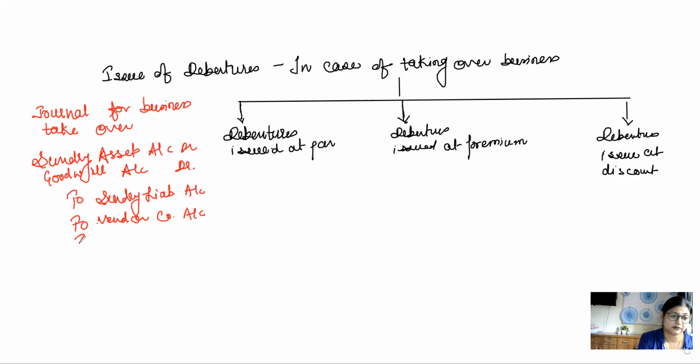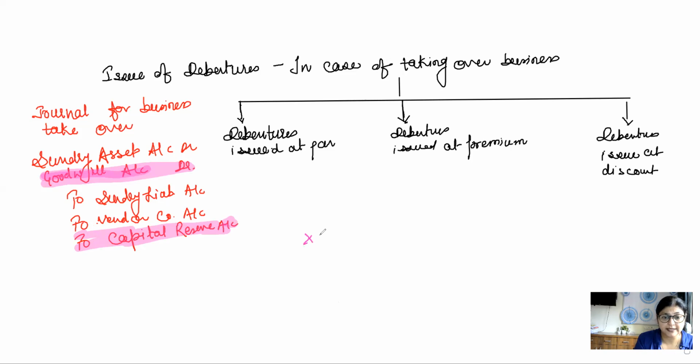Or if the balancing figure is on the credit side, it is considered to be capital reserve. Goodwill account debit or capital reserve account credit. Let us understand through an example. You don't have to write this example, just understand.